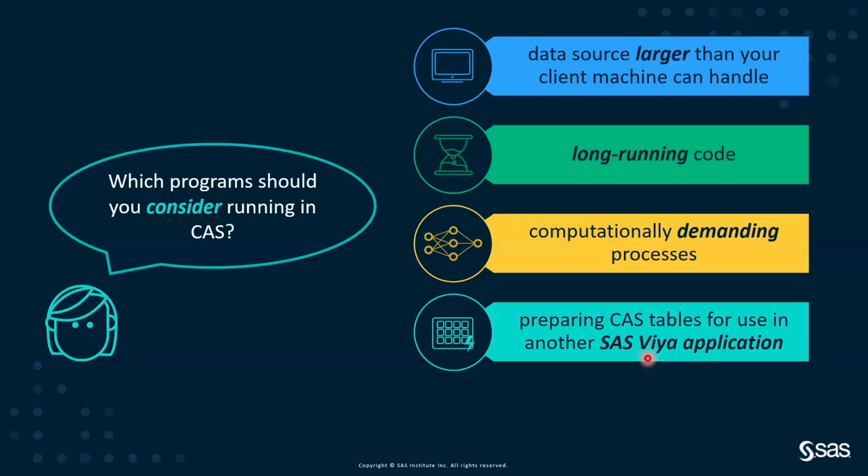So one way or the other, you end up doing work on CAS. There are these reasons, largely speaking, why you would end up interacting with CAS. And of course, whether it is CAS language or open source language, there has to be a justification so that you can reap the benefits of the CAS server.